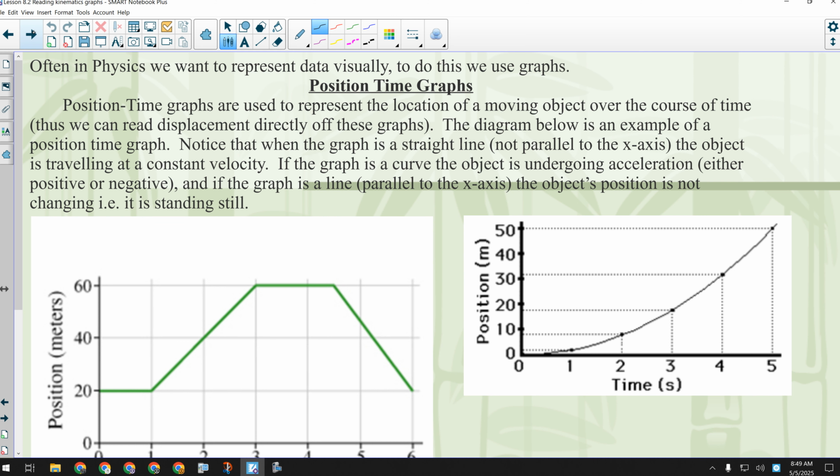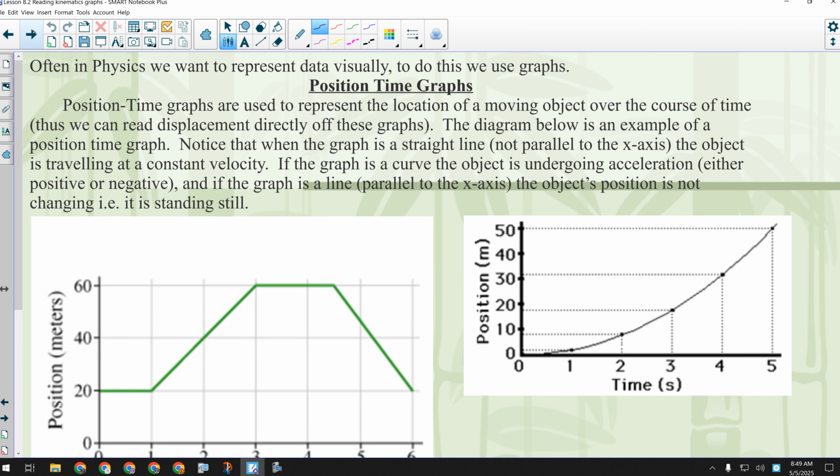Okay, so position versus time graphs, like the one we made on Thursday when we did our lab. A position versus time graph shows us where an object is at the points of time that were recorded, or during the time interval that was observed.